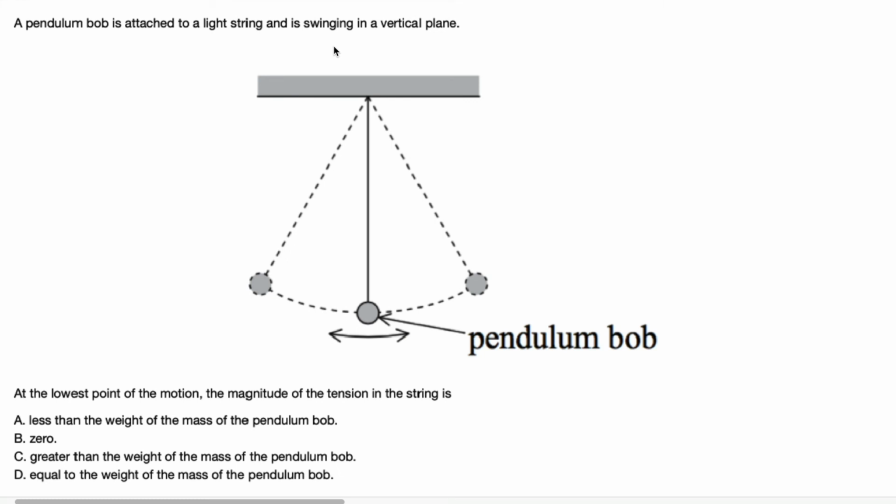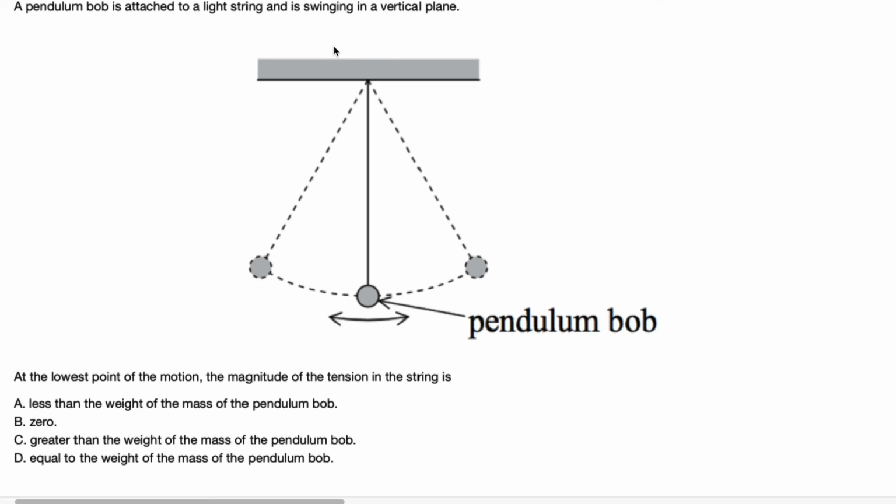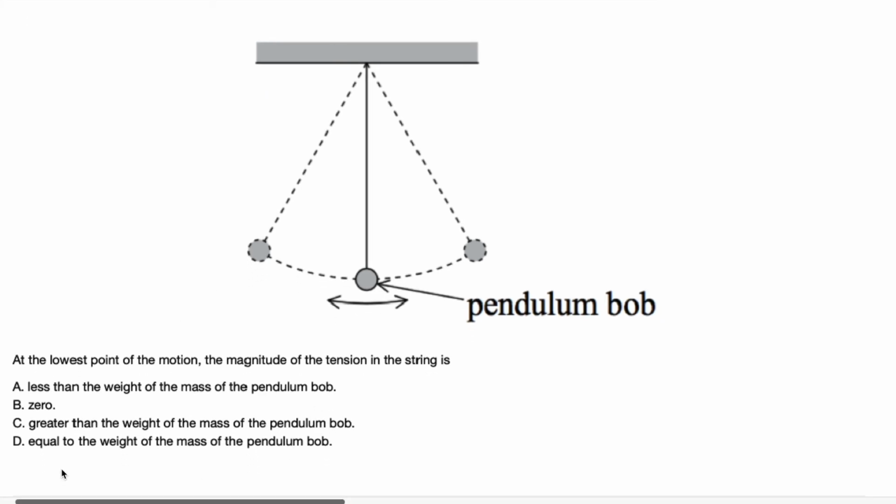A pendulum bob is attached to a light string and is swinging in the vertical plane. At the lowest point of the motion, the magnitude of the tension of the string is greater. It's definitely greater, so your centripetal force at the bottom is always greatest.